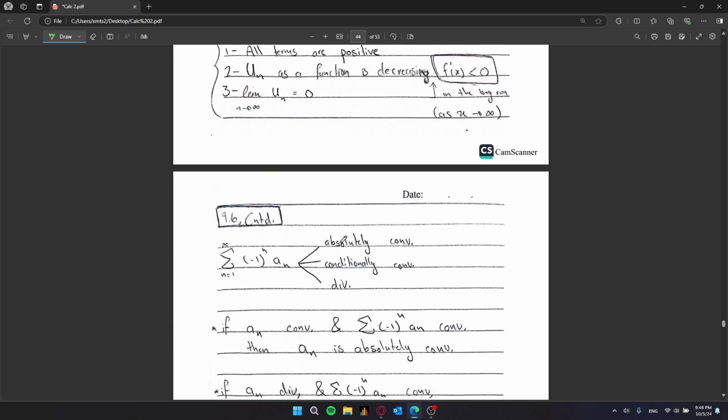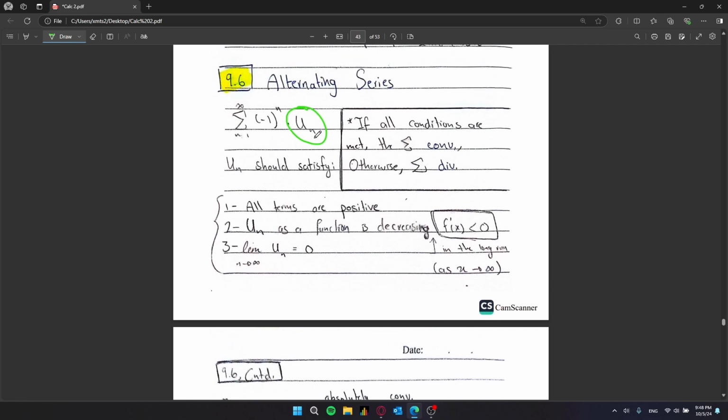If all of the terms of u of n are positive, and u of n as a function is decreasing, which, as we agreed, means the derivative of f of x at any value of x is less than 0, and the limit of u of n goes to 0, then the alternating series is convergent, otherwise it is divergent.